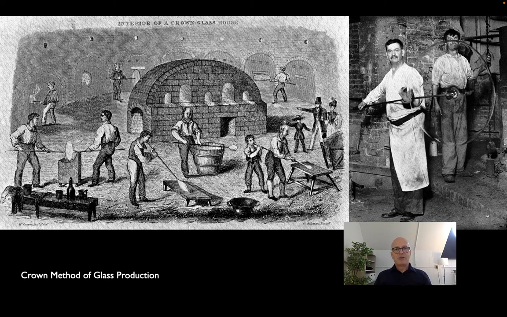So as I said, there are two methods of glass production that are in wide use through the 18th and even the 19th century. And they both rely on a sort of variation of the standard glass blowing technique.